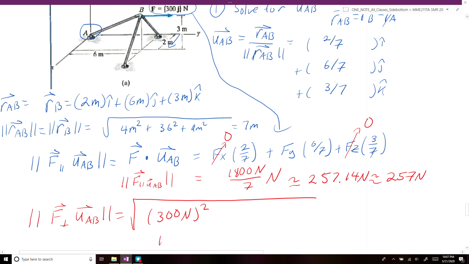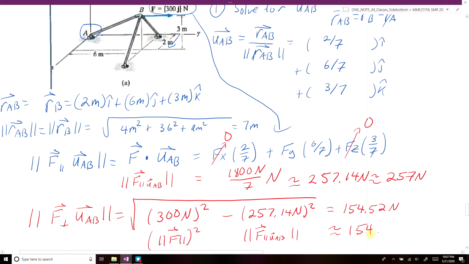This is just the total magnitude of vector F. We're going to square that, and we're going to subtract the parallel component, so we subtract 257.14 newtons squared. If we evaluate that, we end up getting 154.52 newtons, which is about 154 newtons.